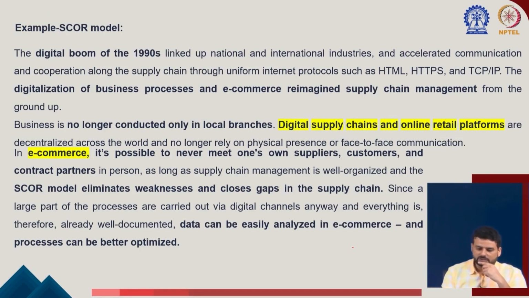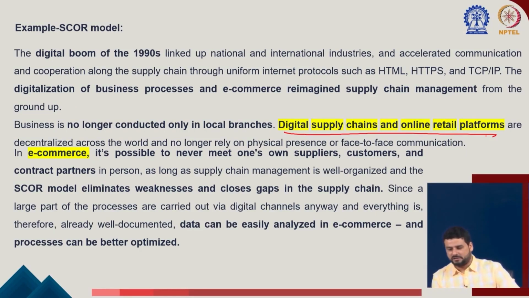You can see now there is no such concept of a local market, and we are talking about the digital supply chain, online retail platforms, right? This is a kind of platform where, if I am the manufacturer or seller, maybe I will never meet my customer, because as a customer you place an order on Flipkart, I deliver through Flipkart, and then you consume the product.